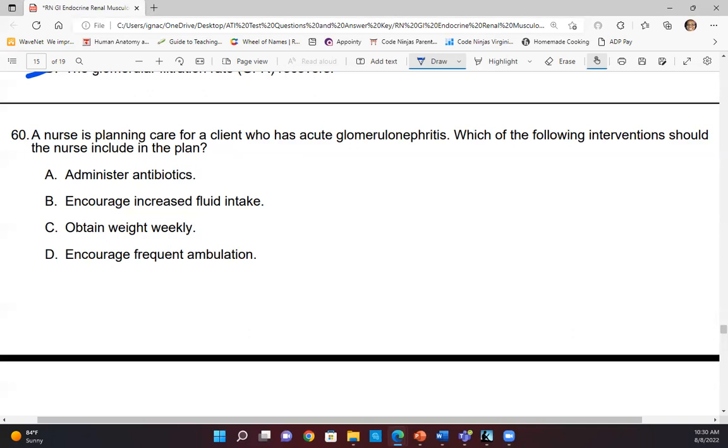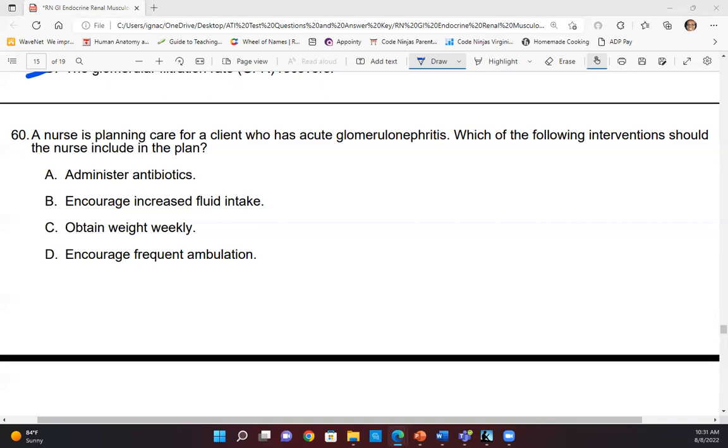All right, so for this one, we will think about the causes are going to be some kind of infection, right? So we will administer antibiotics because acute glomerulonephritis is related to a streptococcal infection and is treated with antibiotic therapy, and that includes penicillins and erythromycin. Okay, so we will treat with antibiotics.